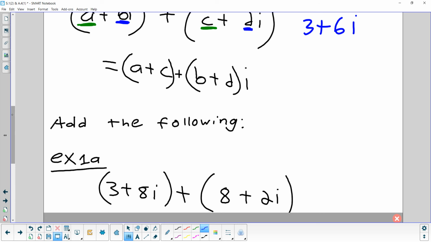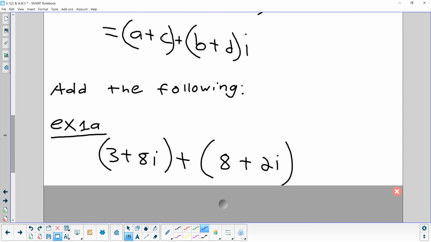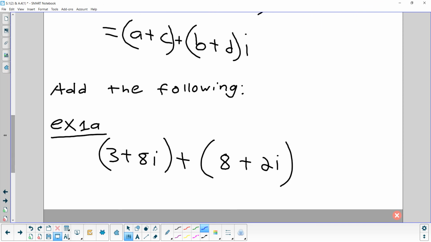Right, so Angie, what's the real part of the first number in parentheses? 3. And what's the real part of the second number? 8. And what do you get if you combine the two real parts you just told me? 11. So that is part of the answer. It's going to be 11.